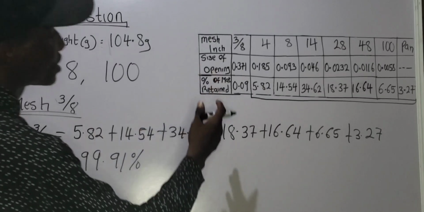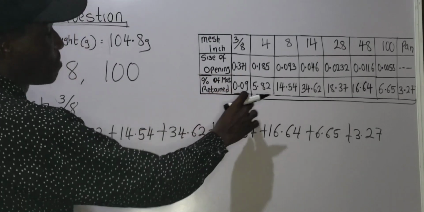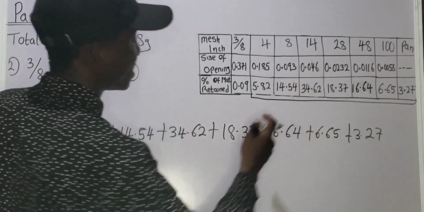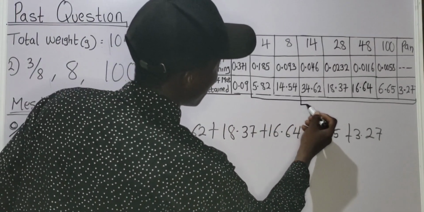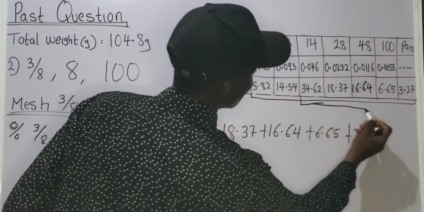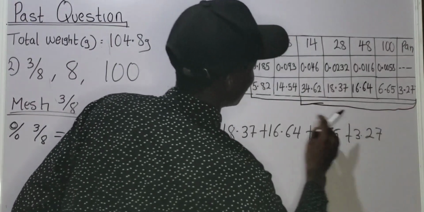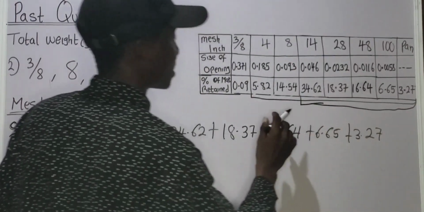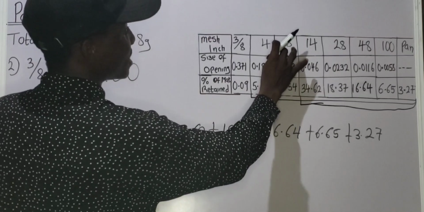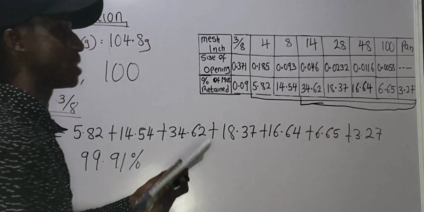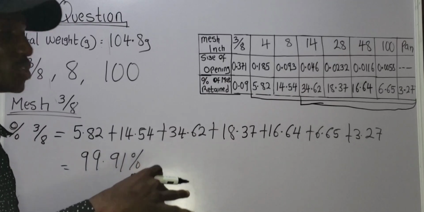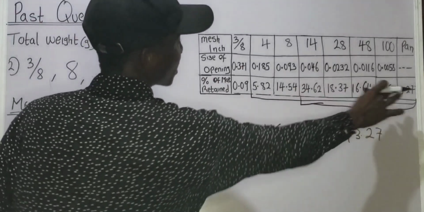Now let's deal with mesh 8. To get the percent of material that pass through mesh 8, we have to sum up every one of the materials after mesh 8. This is mesh 8, don't forget. Mesh 8 is only able to retain the 14.54% of the material that was poured into it. So all this pass through mesh 8.